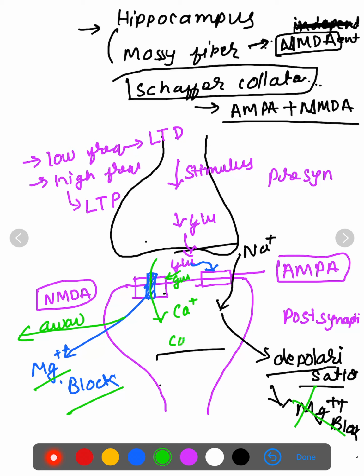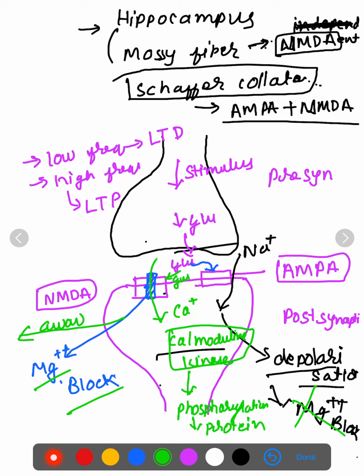Now this calcium will stimulate calmodulin kinase. Whenever calmodulin kinase stimulation occurs, what does stimulation mean? Phosphorylation. As a result of this phosphorylation, ultimately what will happen?